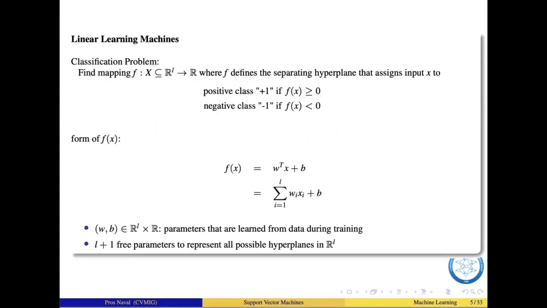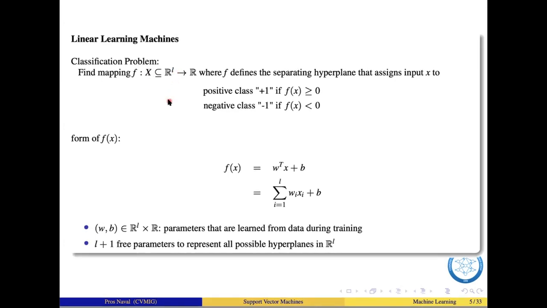Now let's start by talking about linear learning machines. So here we have the following classification problem. We would like to find a mapping F that takes in as input X, and that X is a vector in L-dimensional space. Okay, it is L parameters, and maps it to a real number.